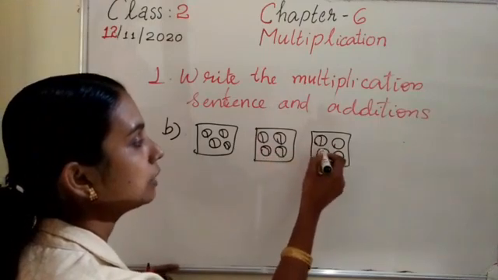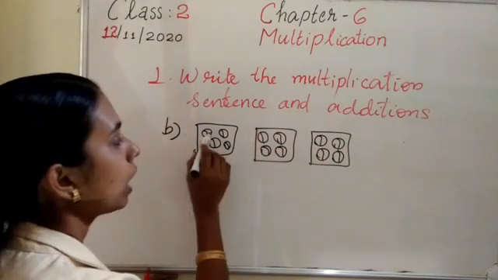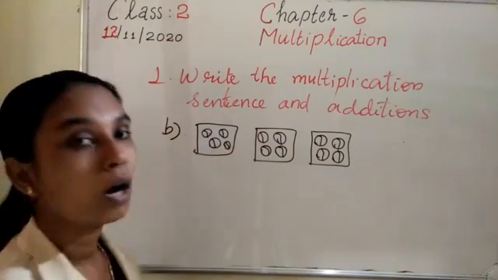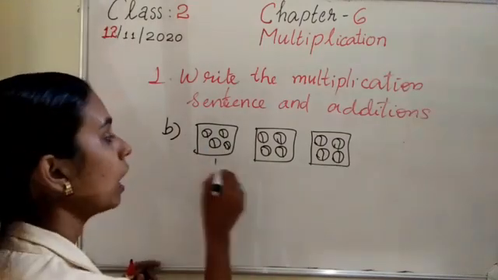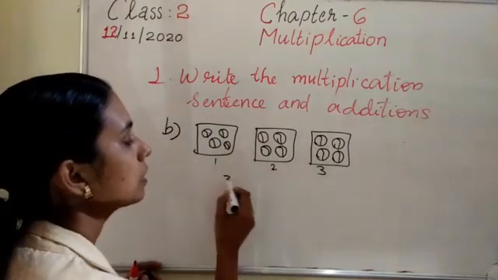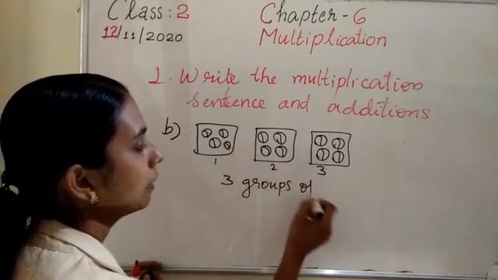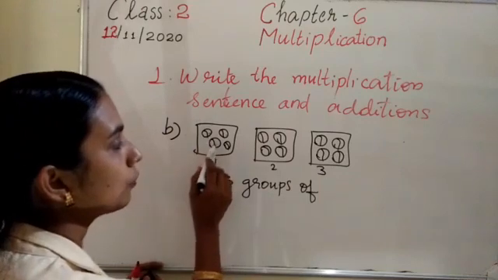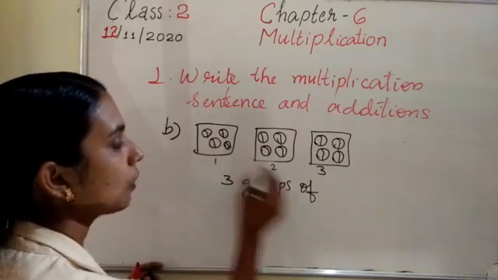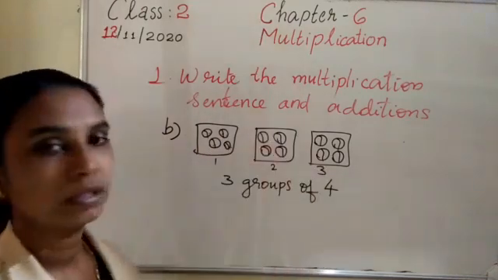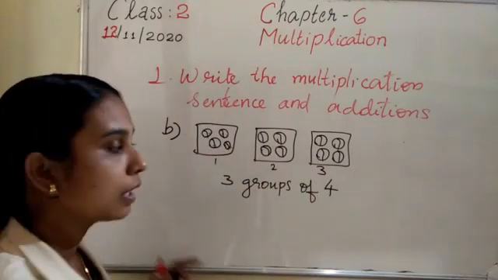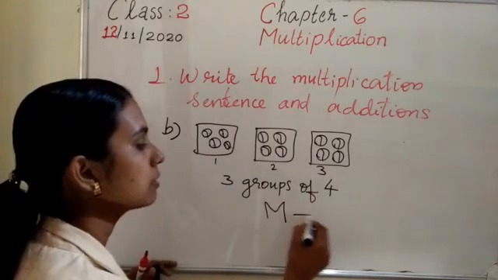Each group has 1, 2, 3, 4. How many groups are there? 1, 2, 3 groups. 3 groups of 4. Write the multiplication sentence.